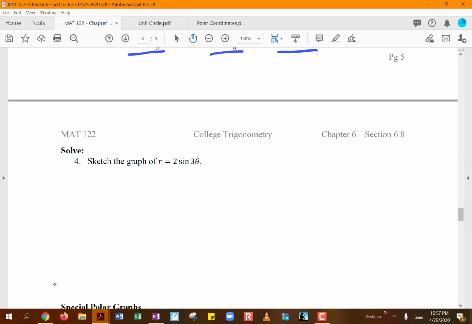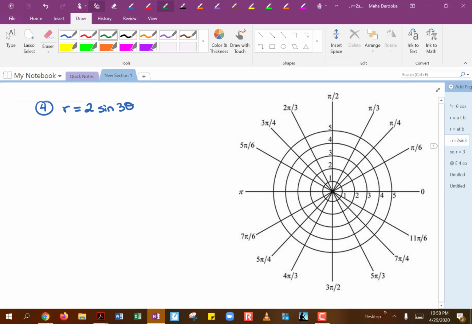So let's go ahead and take a look at our example over here. We are given r equals 2 times sine of 3 theta. Okay, so this guy over here, let's start by talking symmetry again.